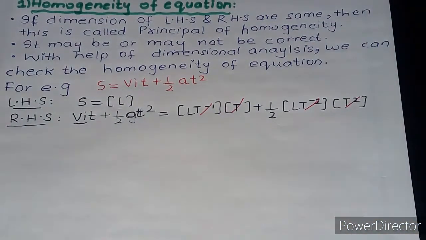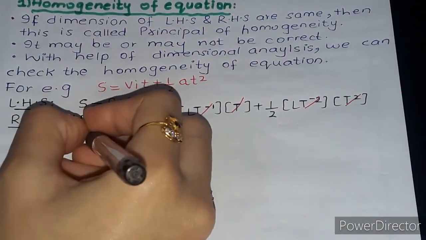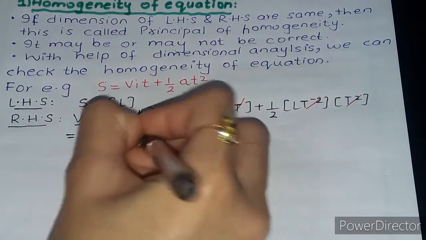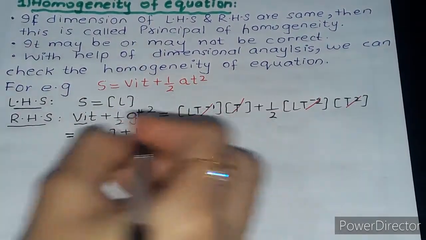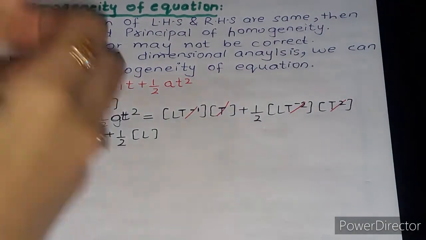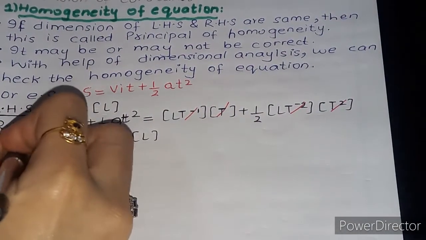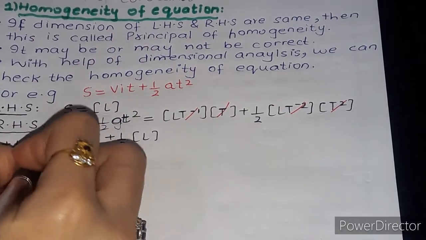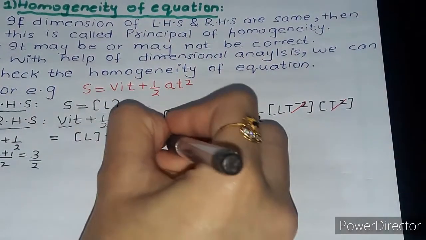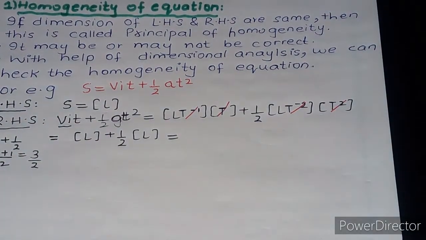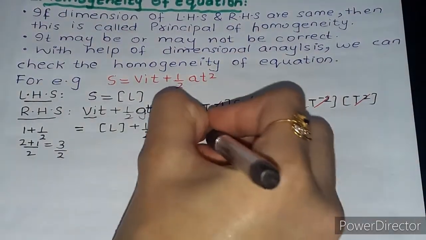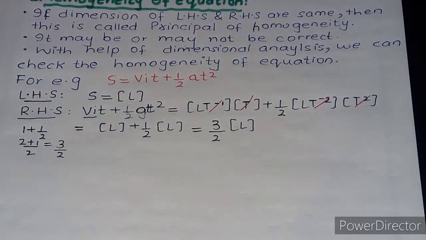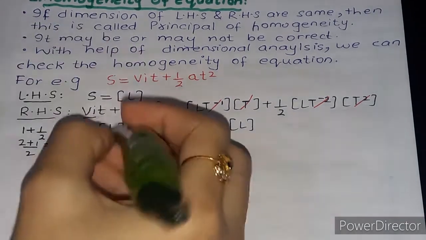We are left with L plus 1 over 2 L. By taking the LCM, 1 plus 1 over 2, it would be 3 over 2 L. See, the dimension of left hand side and right hand side are equal, so it is proven.